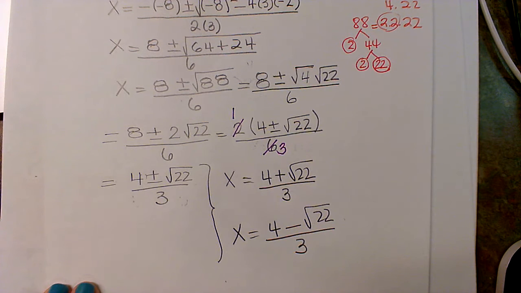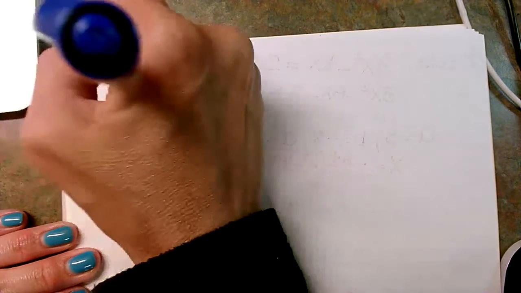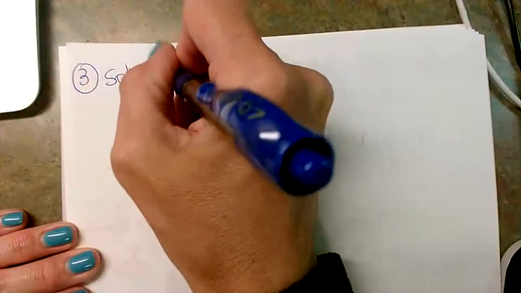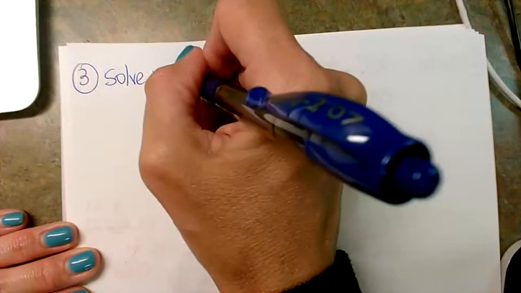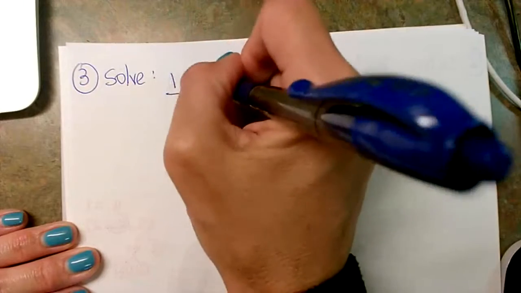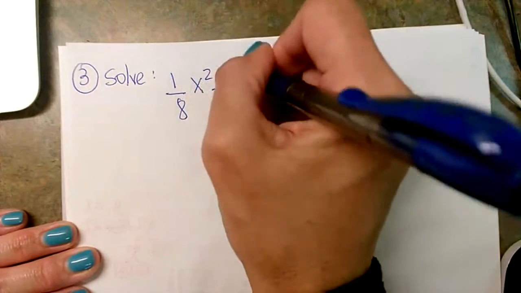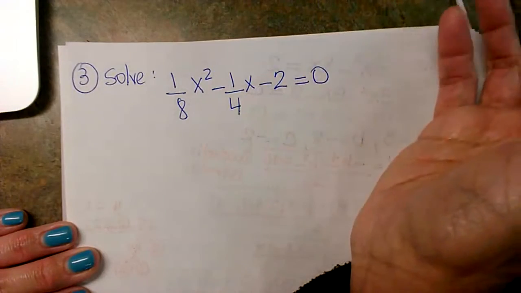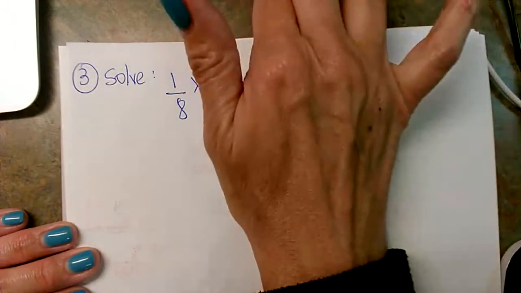No questions on this one? So we have 1 over 8. There we go.